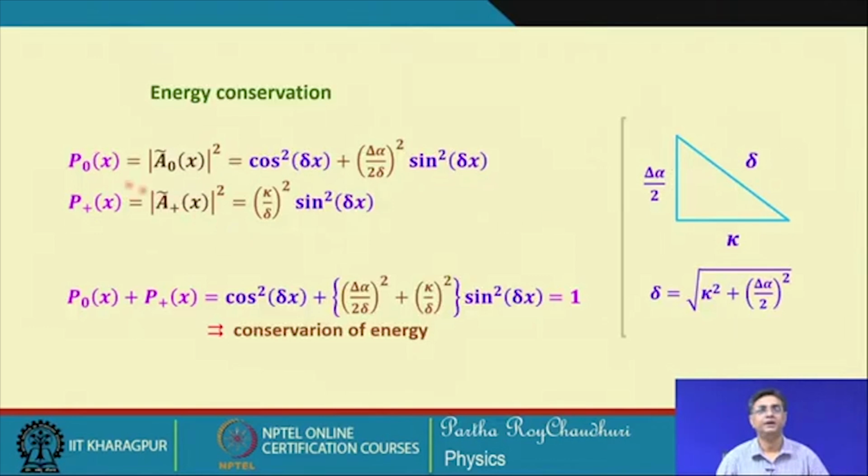equation, and for energy conservation, you see this plus this put together should be equal to 1. That is what is happening here also, and that tells you the conservation of energy. This we can understand: delta alpha by 2 delta, this quantity will be equal.